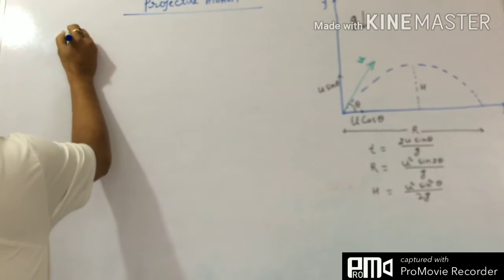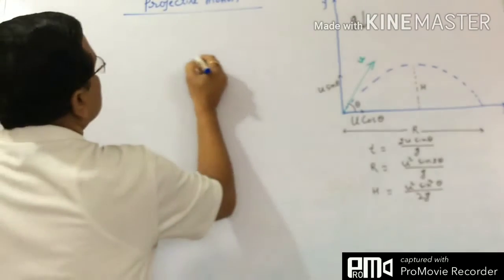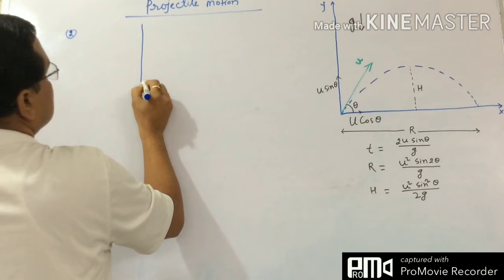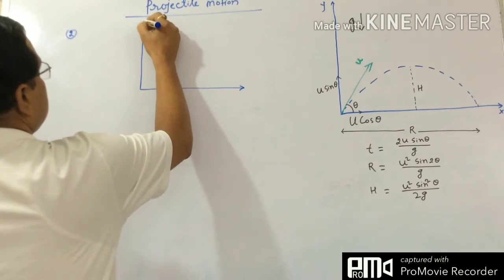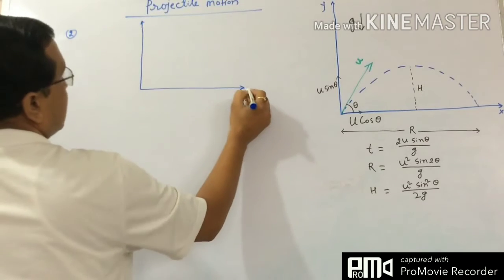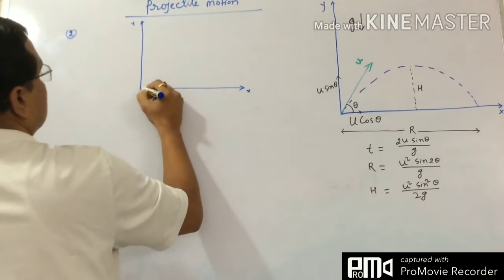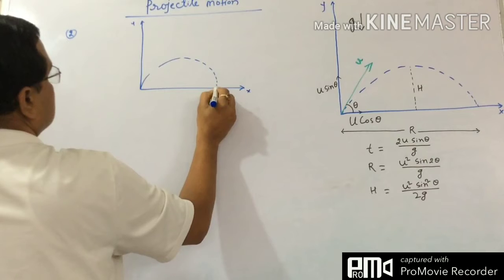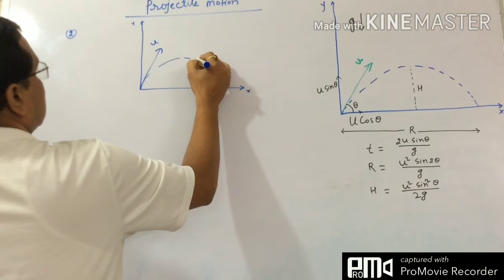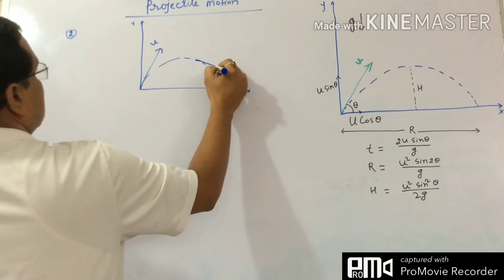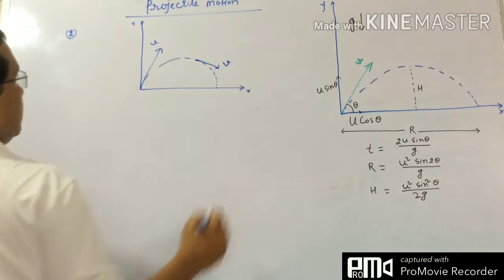So point number 2, suppose this is the projectile, x and y, and the particle is thrown like this. Here it has velocity u, and at this point suppose it has value v.